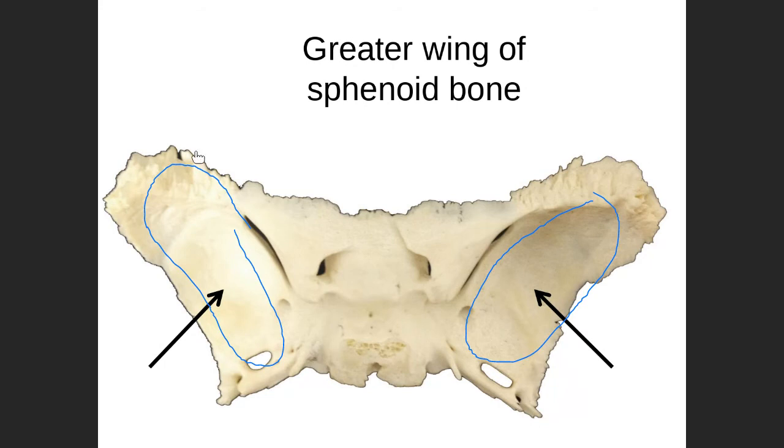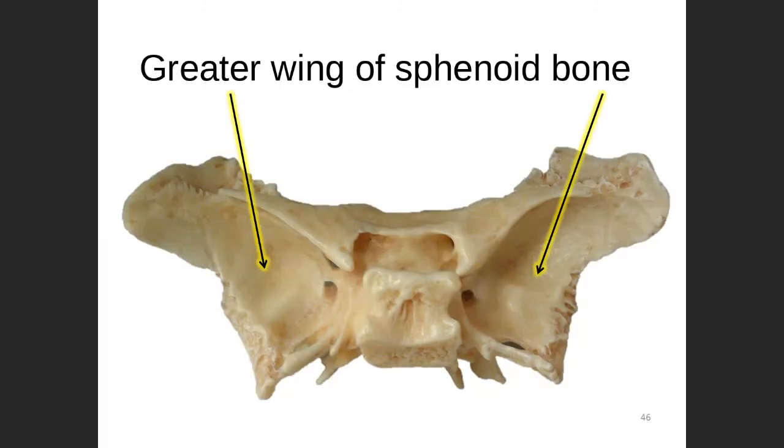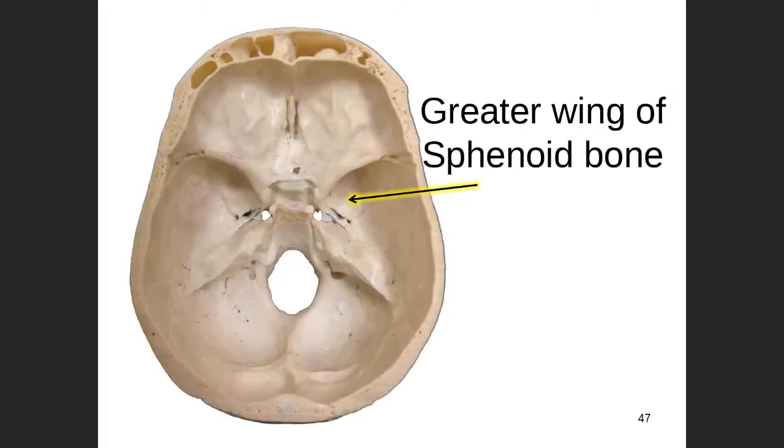That's why I think it looks like a butterfly. Here you can see it on this model. And then we'll point it out for you on the actual skull so you can get a little bit of an appreciation. So here you can see it. That arrow is pointing to the greater wing of the sphenoid bone.